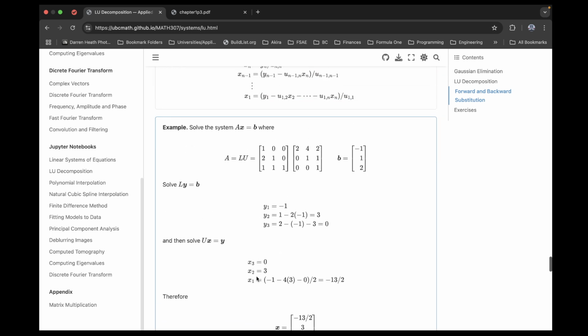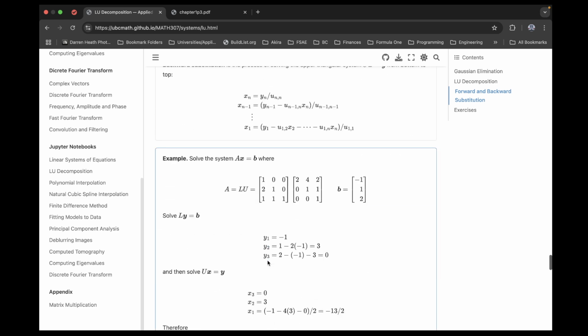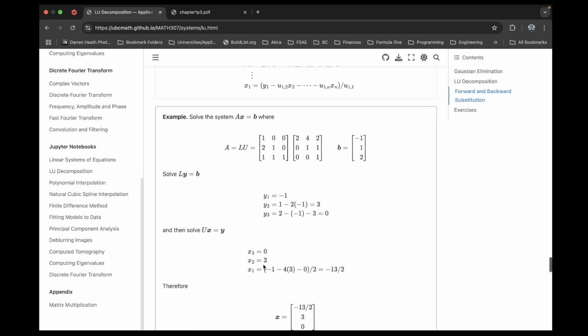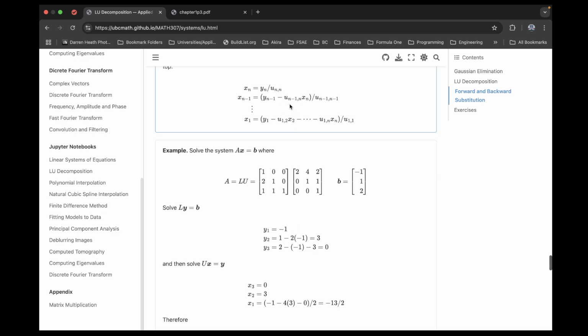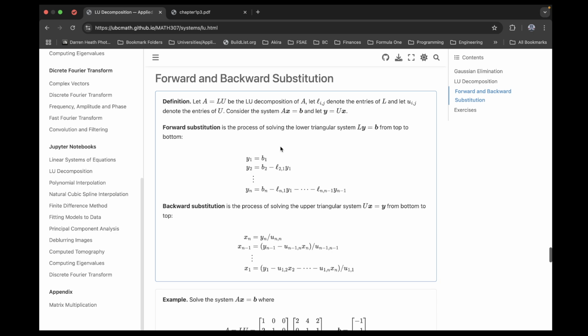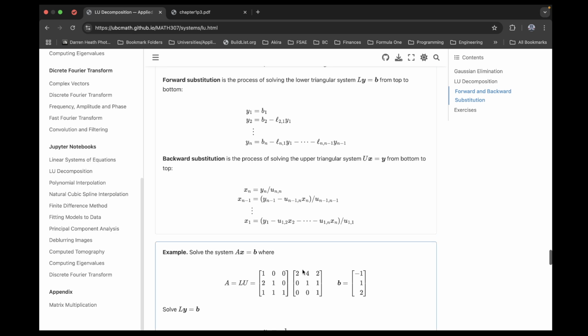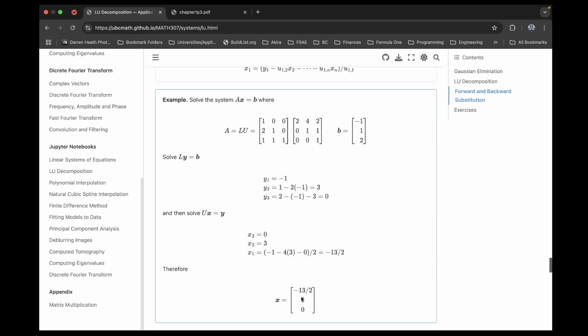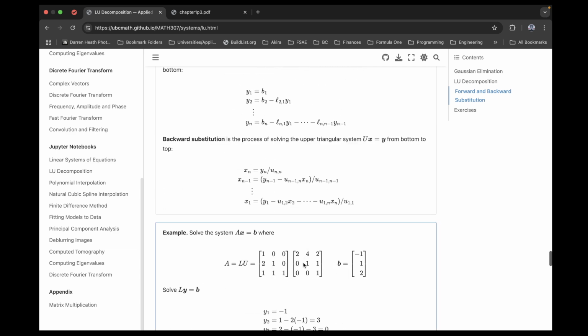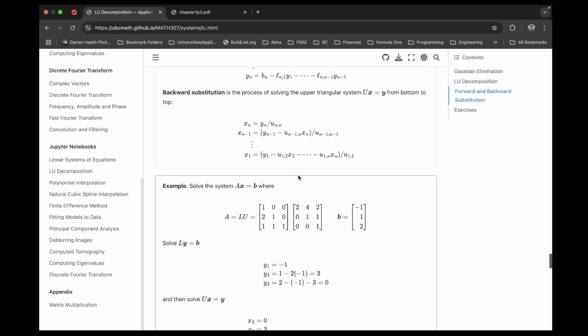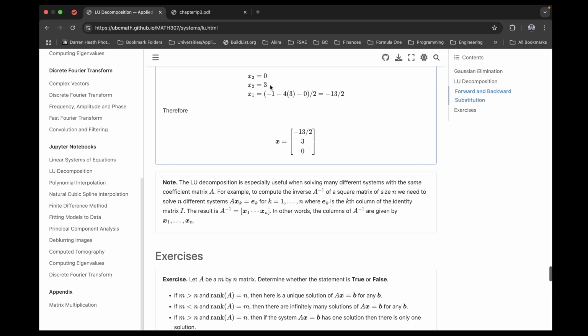Okay, so at y2, x2 is going to equal y2, which is 3, minus u2,3, so row 2, column 3, divided by u2,2, row 2, column 2, which is 1, so it's also 3.